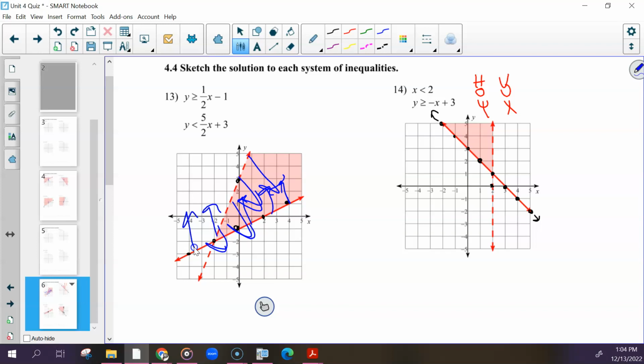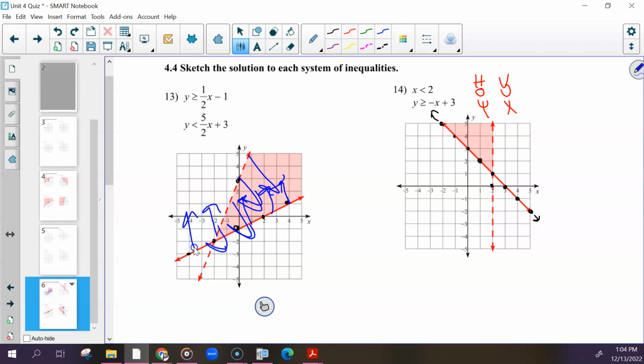For 14, some of you got this, some of you didn't. This should have been a vertical line, so if you did horizontal, you confused your x and y's. So vertical line, also dashed. Some of you shaded wrong. So think about numbers that would be less than 2, that should help you. Would -5, -3, 1 be less than 2?